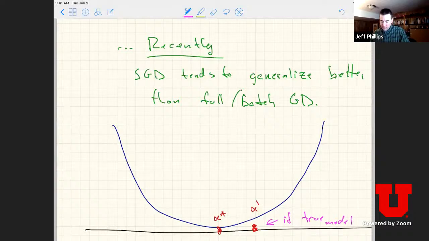So think of how unreasonable it would be for alpha prime to actually be the true model here. If you remember, this is made up of the sum or the average of a bunch of these individual data points. And when you have one of these, if it's a parabola like this, it could be that the height difference here is actually pretty small, right?